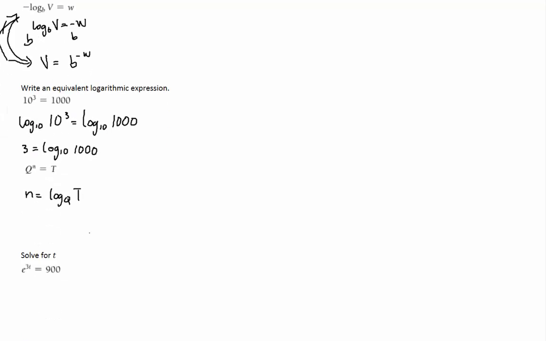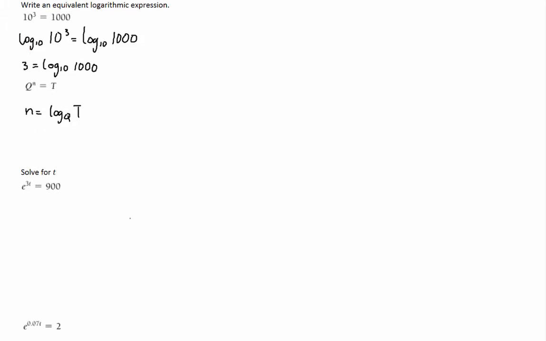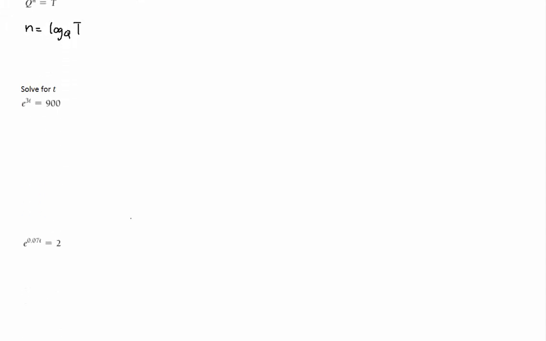So why do we care about this? Because we're going to use this to solve equations. Before, I had expressions that didn't necessarily involve a variable, but here we do. For example, if I want to solve for the variable t in this expression, I take logarithm base e, or natural logarithm, on both sides, and I get the natural logarithm of e to the 3t is equal to the natural logarithm of 900.